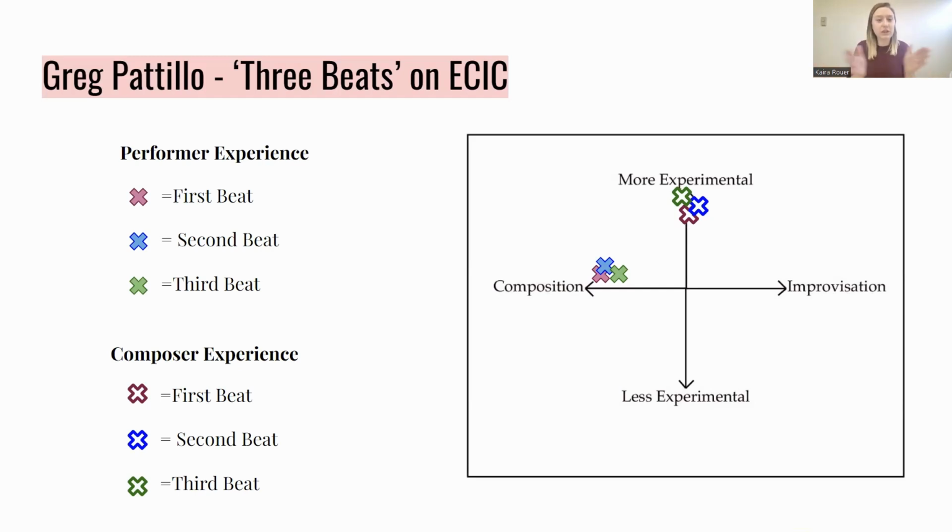So I kind of split the difference there and put it right on the line. And yeah, all of these things kind of apply to the second and third beat as well.